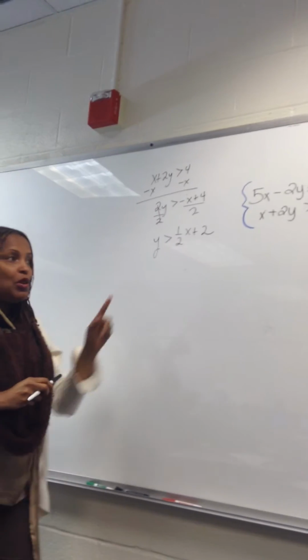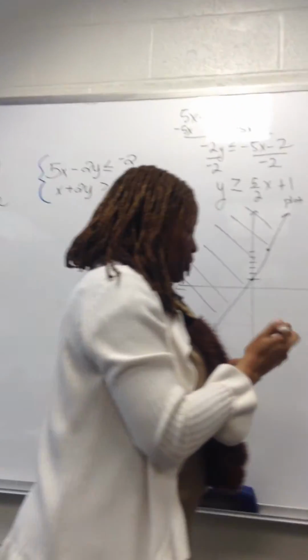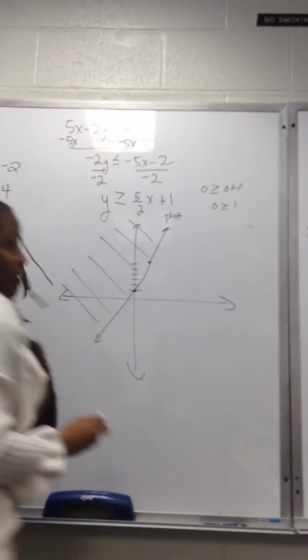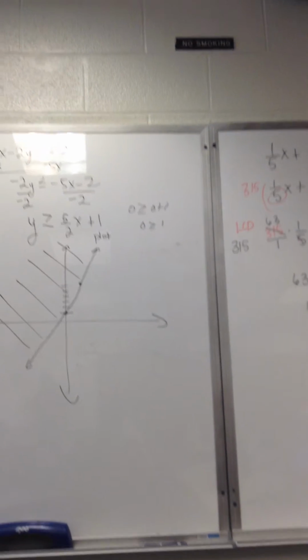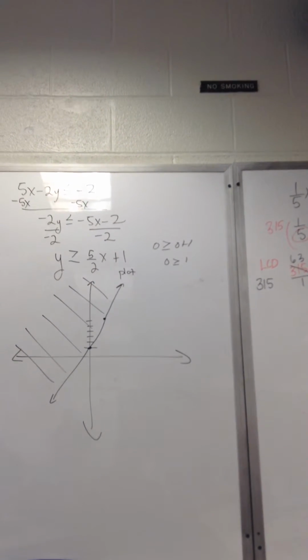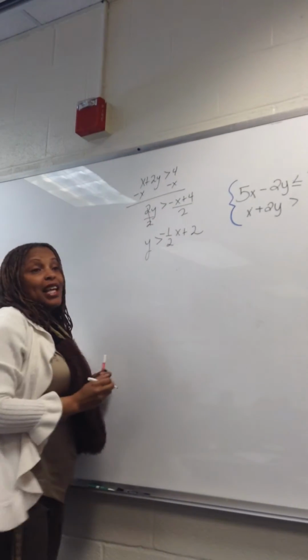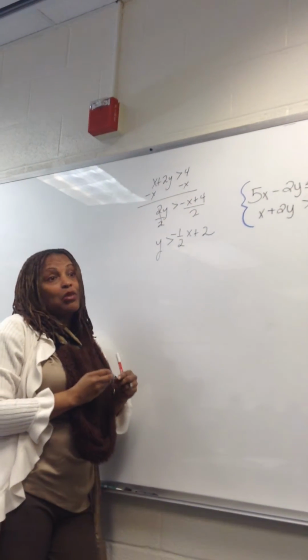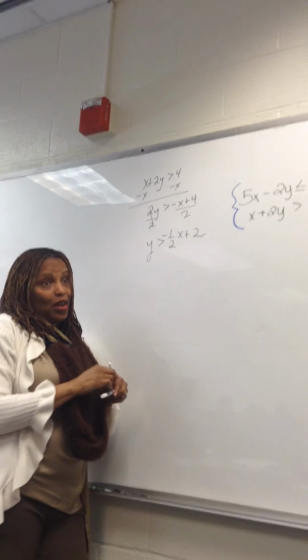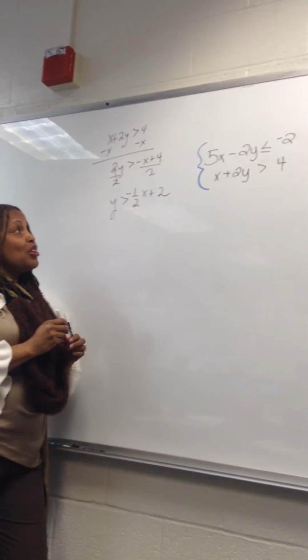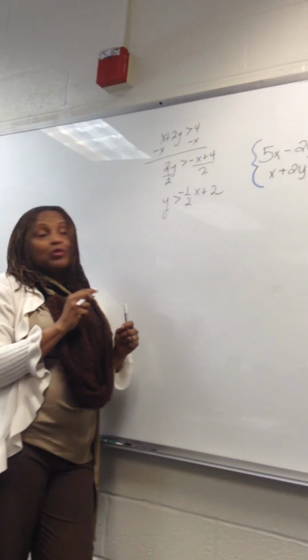So on the same graph, this is a negative 1/2. I forgot that negative, and that's very important because I would have graphed it incorrectly. So from here, I plot what?